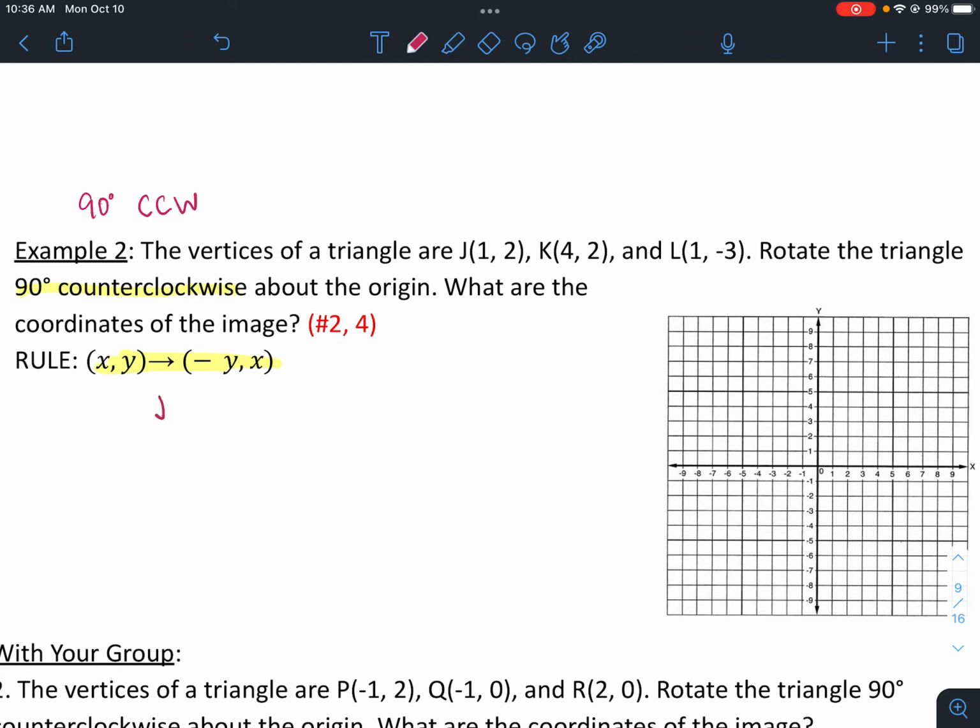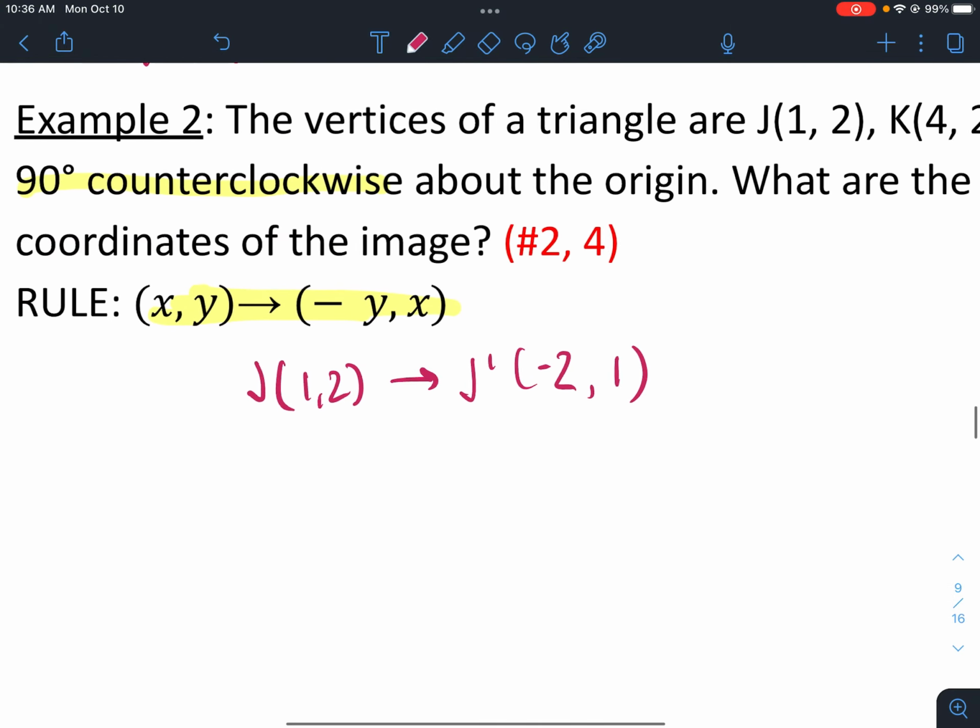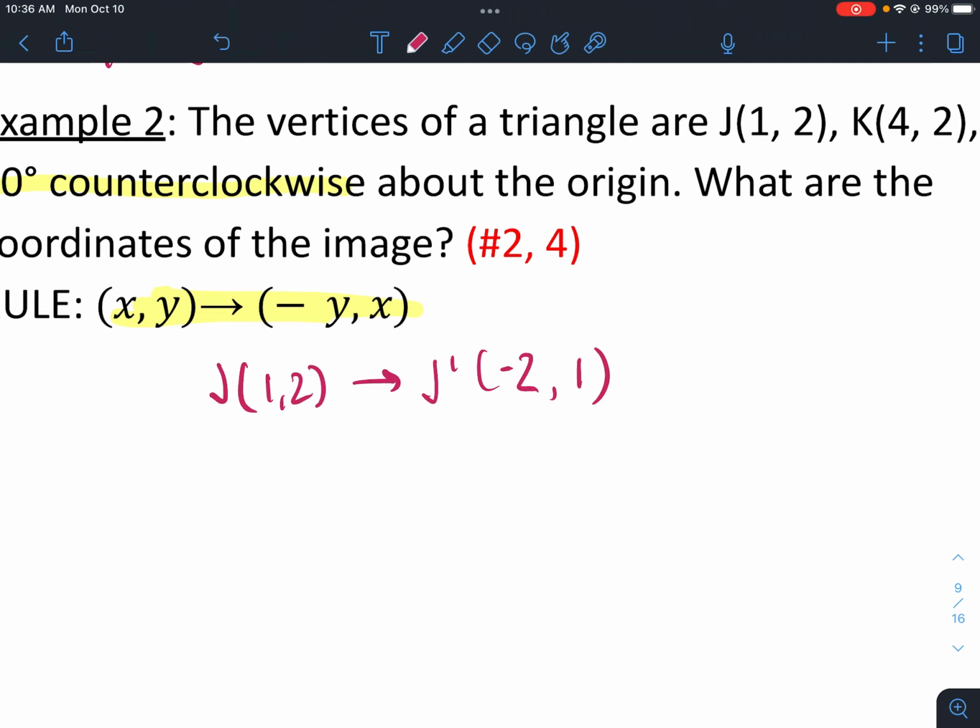So you'll have J (1, 2). This would become, remember, you're going to take the opposite of your y. J prime would be, since y was 2, (negative 2, 1). Seems a little tricky, right? So you're going to take the y value. My y value was 2, so I'm going to put negative 2. It's going to be (negative y, x).